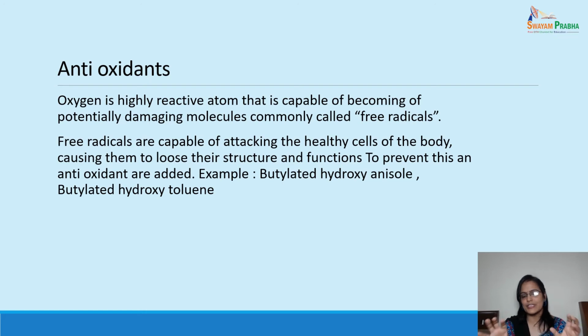So dear students, these are what I mentioned here, but there are several antioxidants which are used in semi-solid dosage forms. But just remember these two antioxidants, BHA and BHT. So this is about antioxidants in semi-solid preparations.